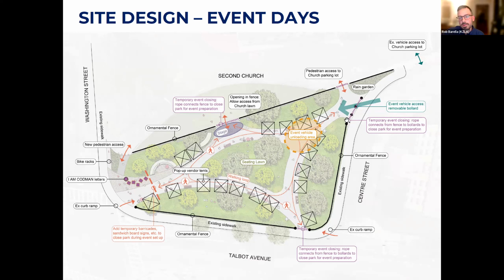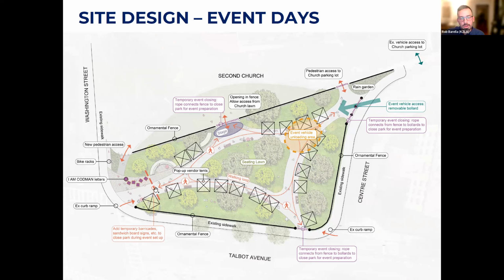So we are proposing that we could look into temporary measures that could temporarily close off these entries during event setup. So for instance, from the fence post here through the bollard area, could there be some type of post and rope or other signage that just closes off this entry here? Similarly, at this opening right here in the fence, could you do a post and rope or a sign here just to close this off during event setup?